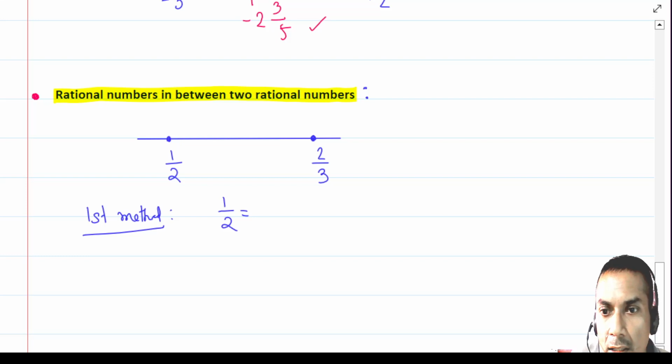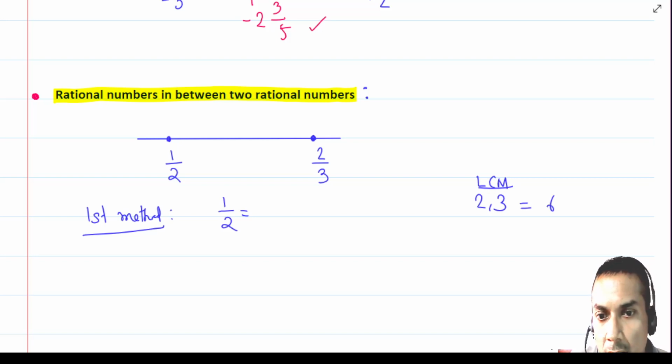How can you do that? You have to find the LCM of 2 and 3, which is 6. Clear? So if you convert 1 by 2 into a like fraction, the denominator will be 6, the LCM value, and to balance it, to make it an equivalent fraction of 1 by 2, you multiply numerator and denominator by 3, and you get 3 by 6.